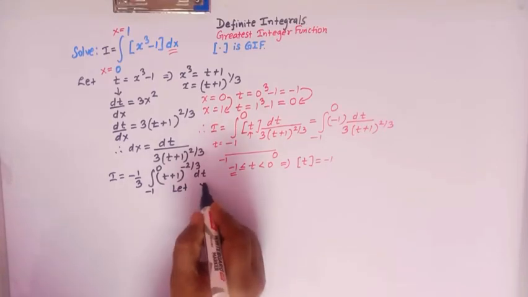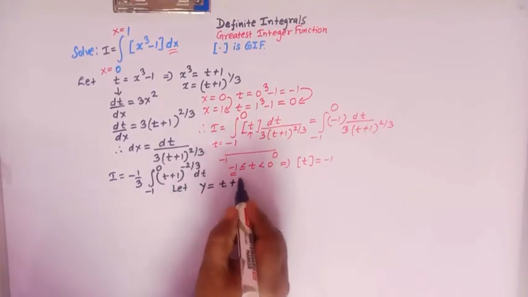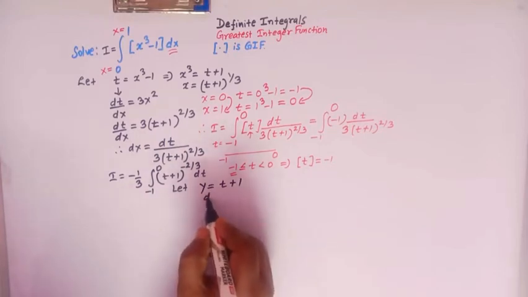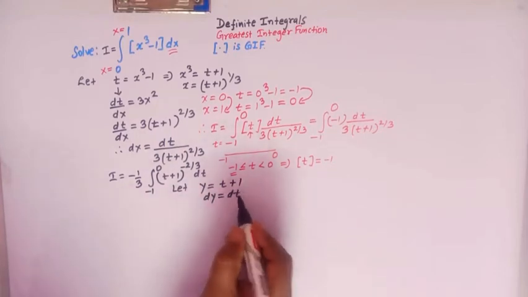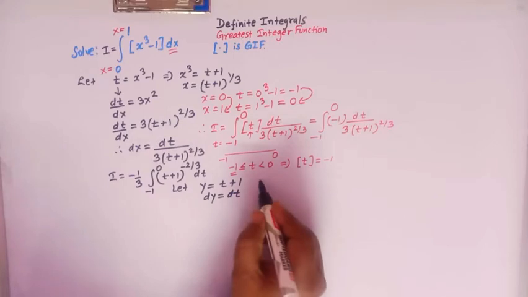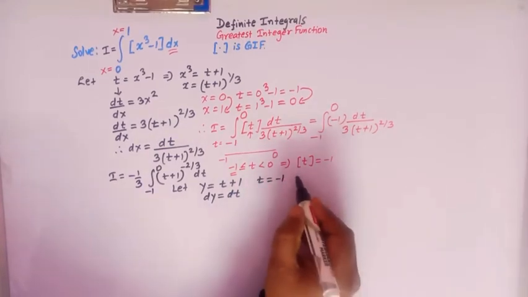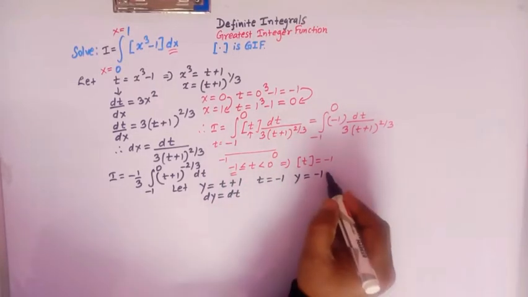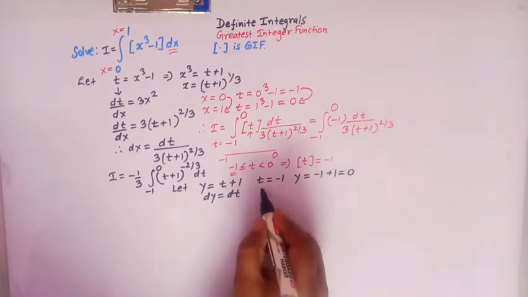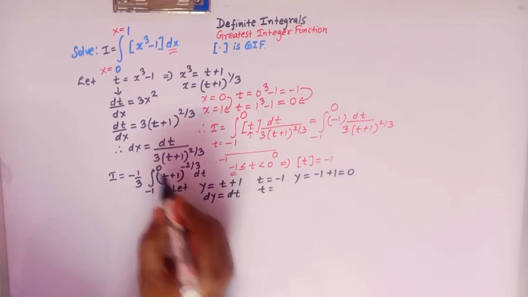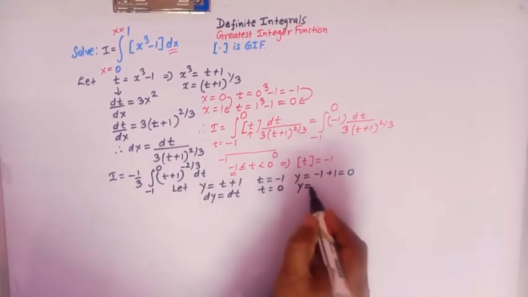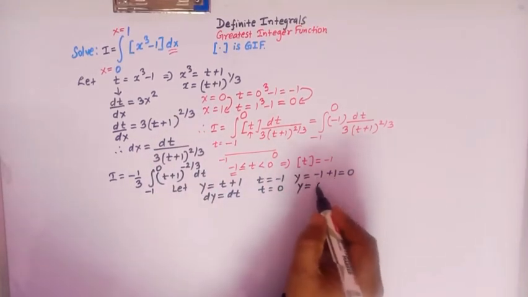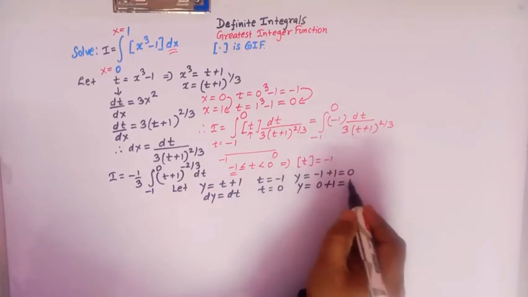So let us take y is equal to t plus 1. Therefore dy is equal to dt, and when t is equal to minus 1, y is equal to minus 1 plus 1, that is 0, and when t is equal to 0, then y is equal to 0 plus 1, that is 1.